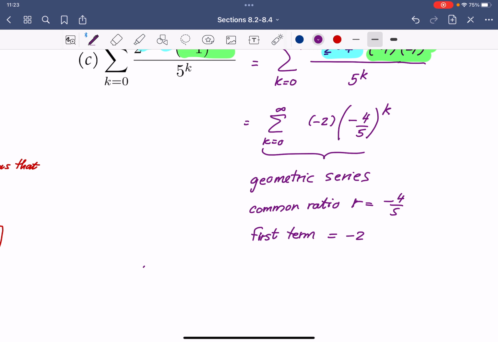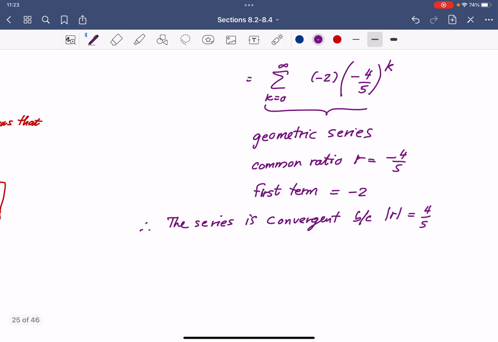This series is convergent because absolute r is 4 over 5. Even if r is negative, when you take the absolute value, it's something less than 1 anyway.